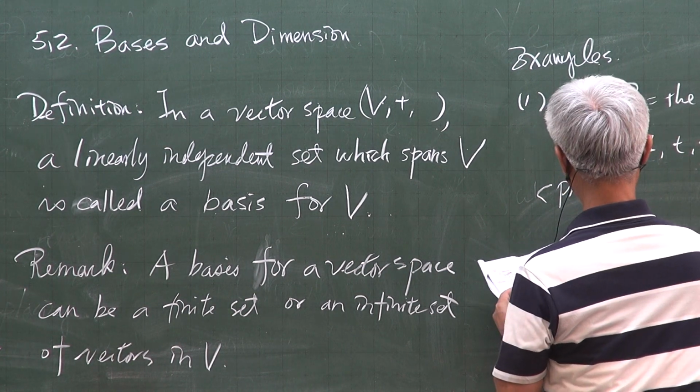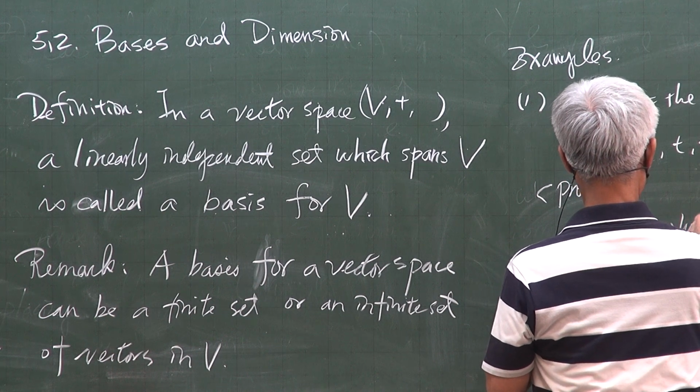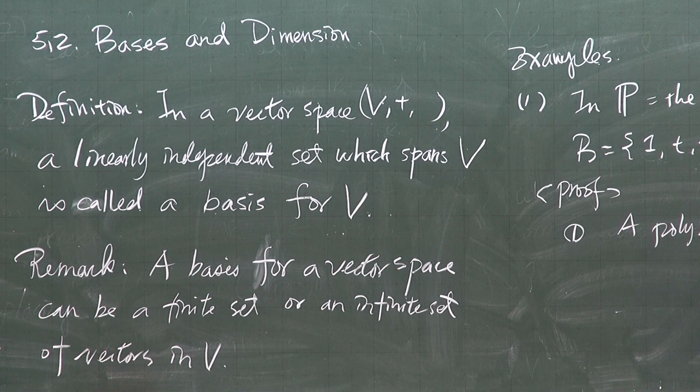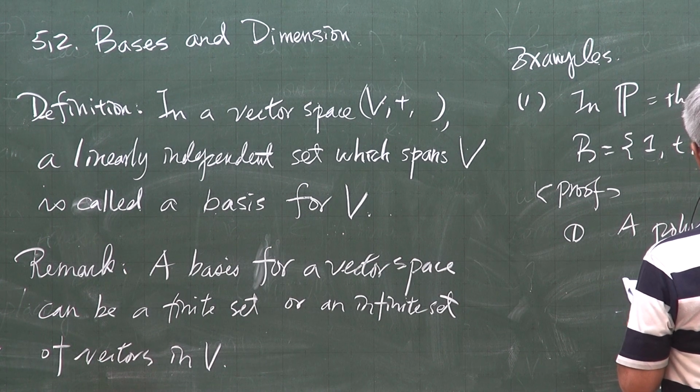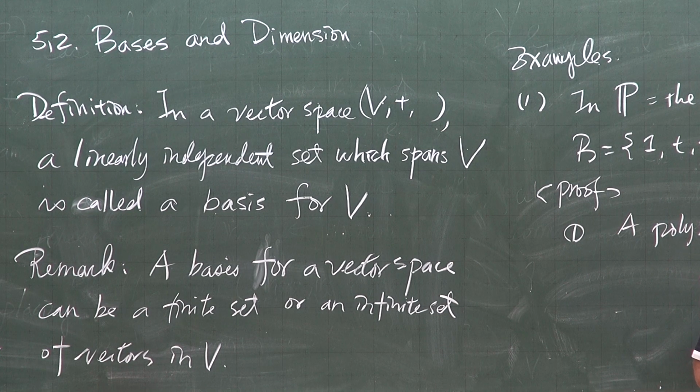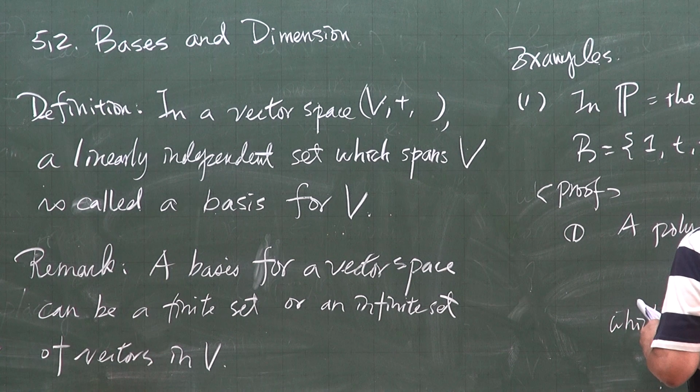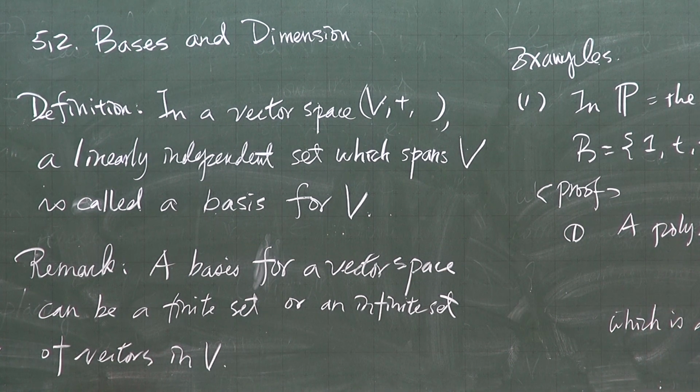First of all, a polynomial p in P is written as p = a0 + a1p + a2p² + ... + anpⁿ, which is a linear combination of the vectors 1, p, p² up to pⁿ.